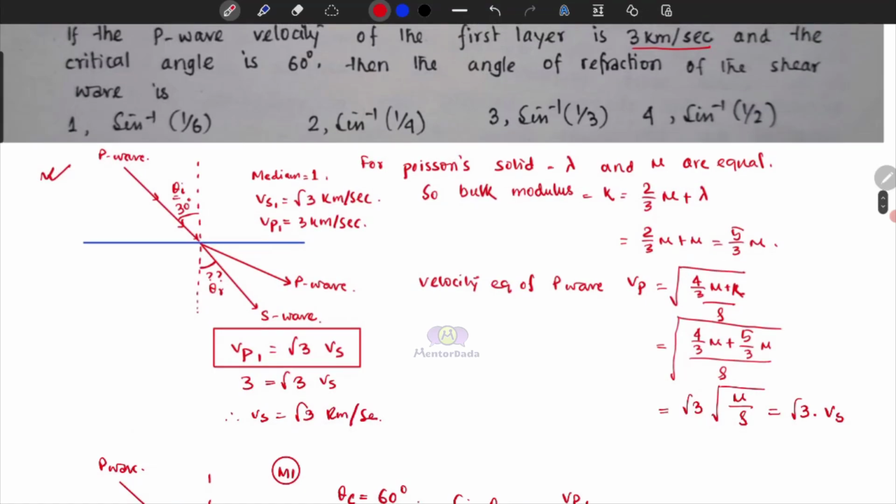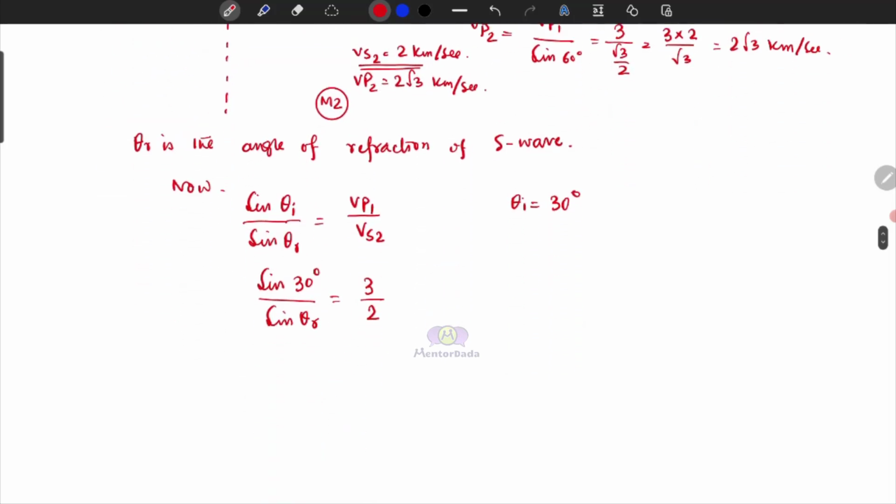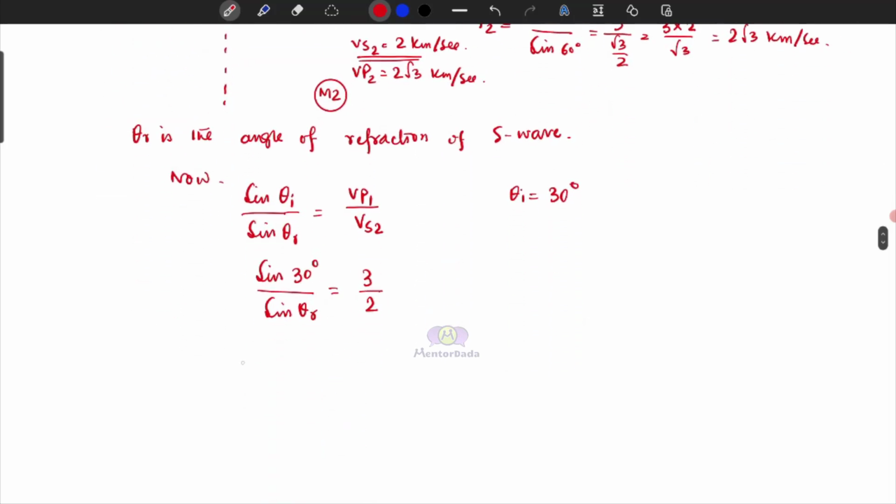So now sine of theta r equals 2 by 3 of sine 30 degree. Sine 30 means half. So theta r equals sine inverse of 1/3.